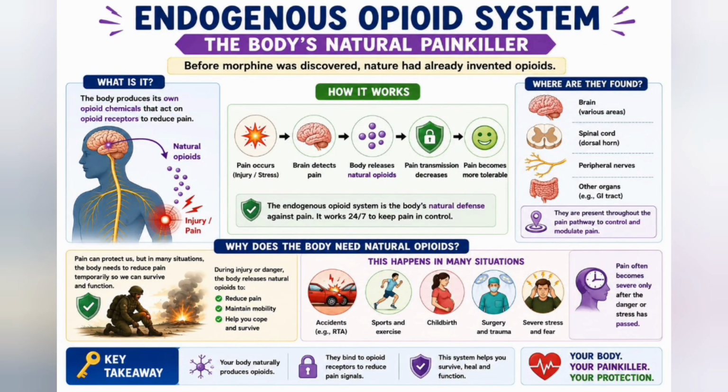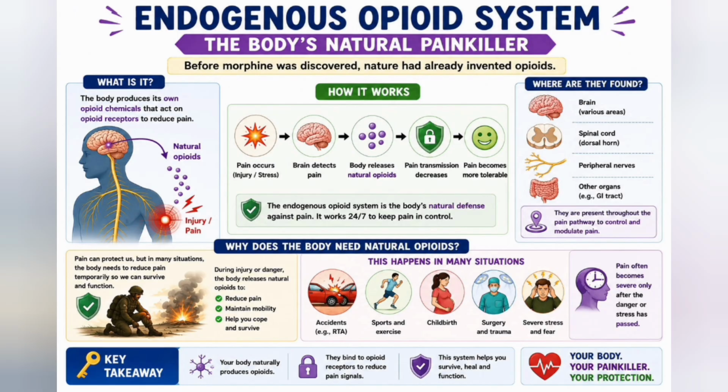Now, before we discuss the opioid drugs, we need to first understand the endogenous opioid system, which is the body's natural painkiller. Even before morphine was discovered, nature had already invented opioids. The body produces its own opioid chemicals that act on the opioid receptors to reduce pain. Whenever pain occurs, the brain detects this pain and the body releases natural opioids.